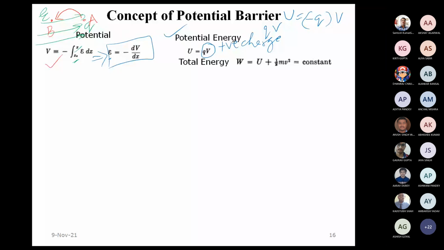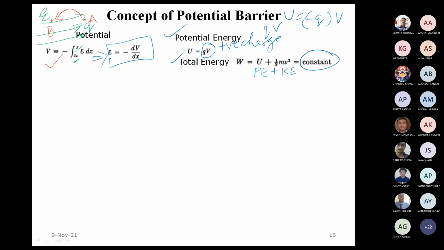The total energy of a particle is always constant, and it has two parts. One is called potential energy, and the other is kinetic energy.